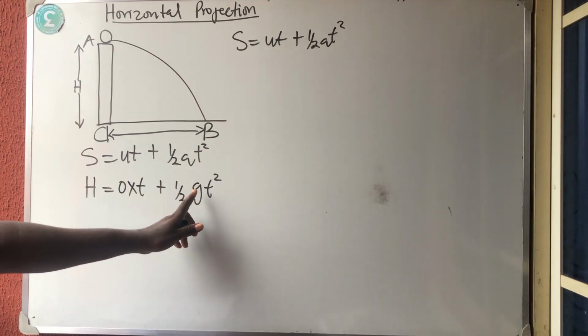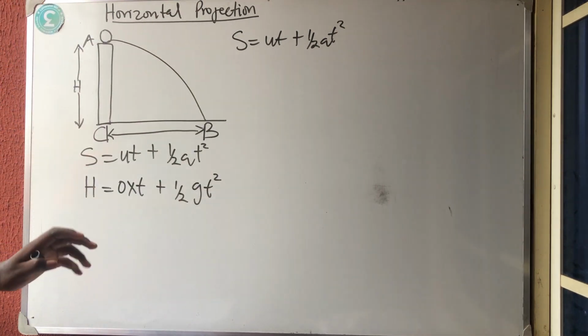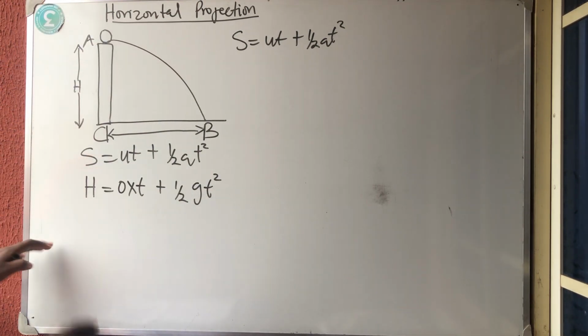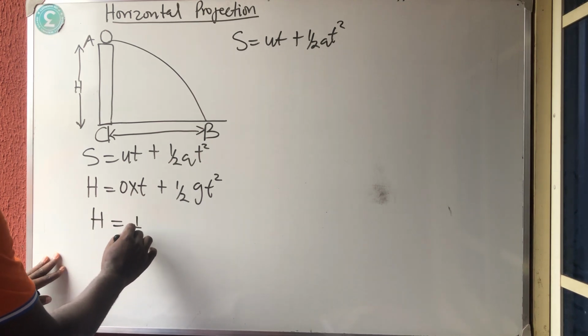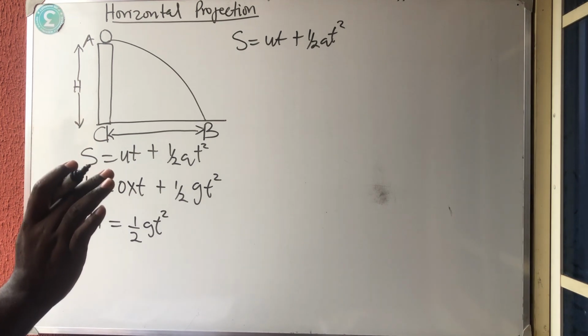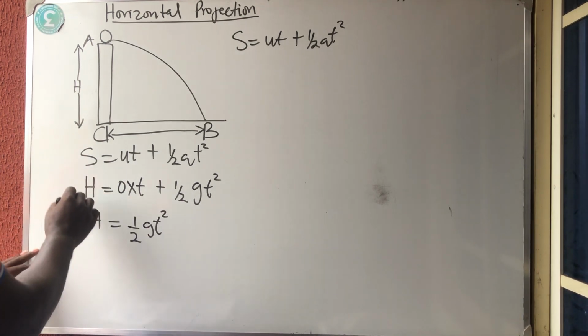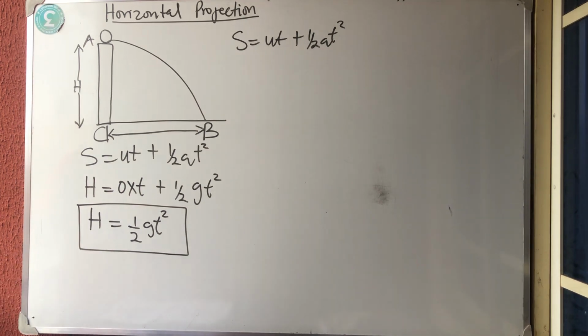Why am I using positive g? Because when the thing is falling down, it is going with gravity. So the maximum height is 1 over 2 gt squared. As simple as that. This is the formula for the maximum height when something is dropped off a cliff.